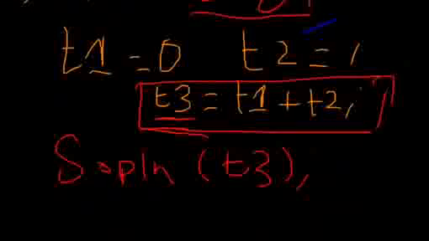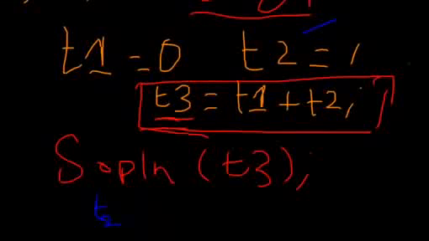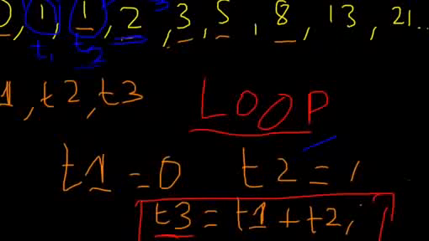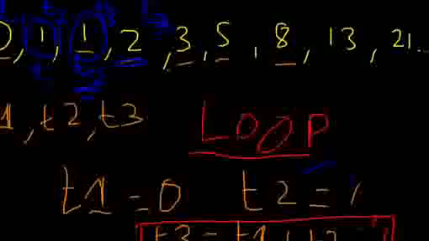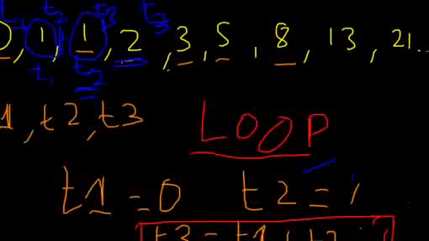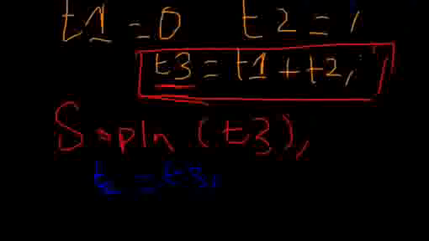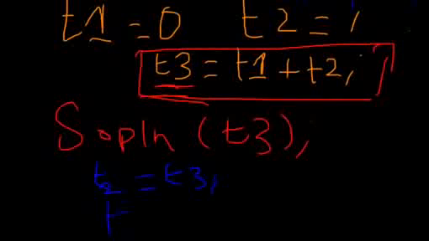So T2 is equal to T3, because the old value of T3 becomes the new value of T2, and then T1 gets the old value of T2. So T1 is equal to T2.